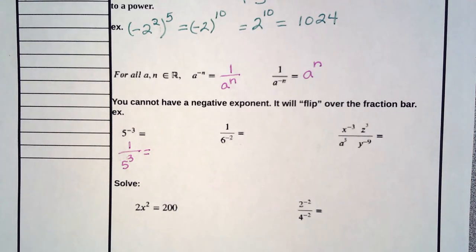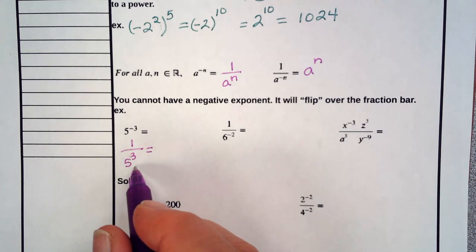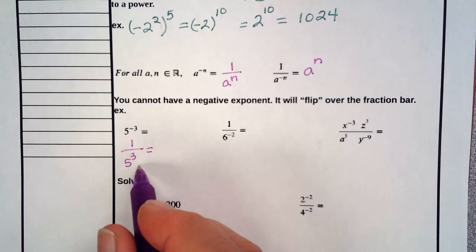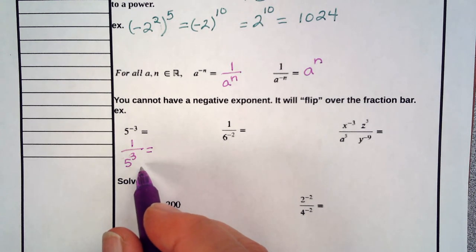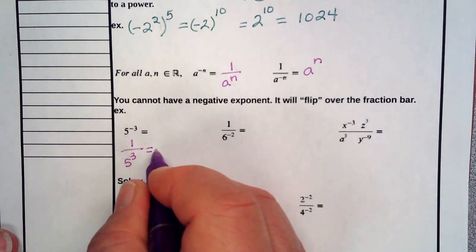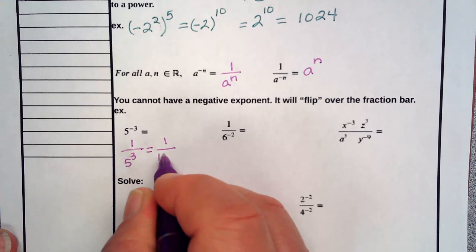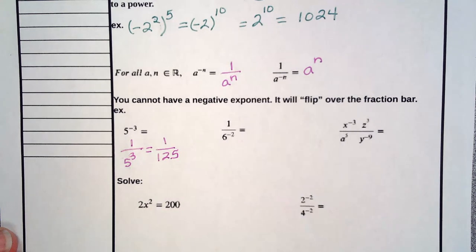Okay, 5 times 5 is 25. I've got a quarter. If I take 5 times 5 is 25, times 5 again. If I've got 5 quarters, how much money do I have? I've got $1.25. So this is 1 over 125.